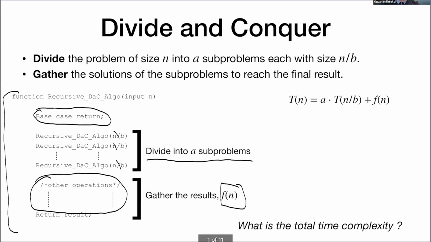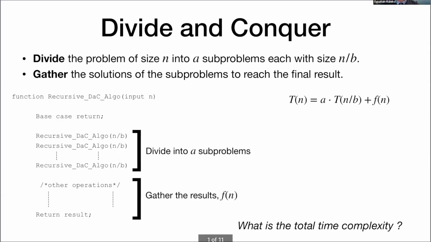That is why this is my main recursion: T(n) is the main problem, and its cost is equal to a times T(n divided by b). And once you have all the solutions of those subproblems, you have this additional f(n) operations, and you come to the result.